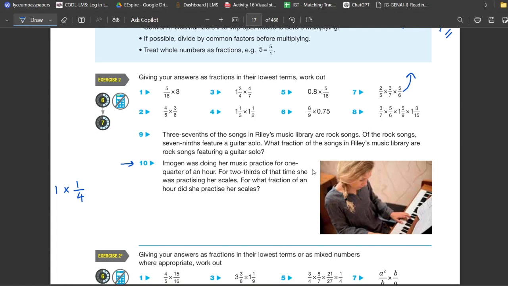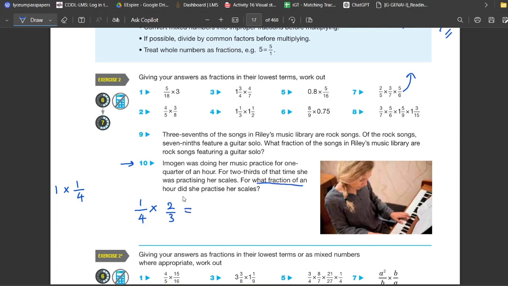For 2/3 of that time, she was practicing her scales. For what fraction of an hour did she practice her scales? So first she was practicing for 1/4, so 1/4, and on 2/3 of that time she was practicing her scales.